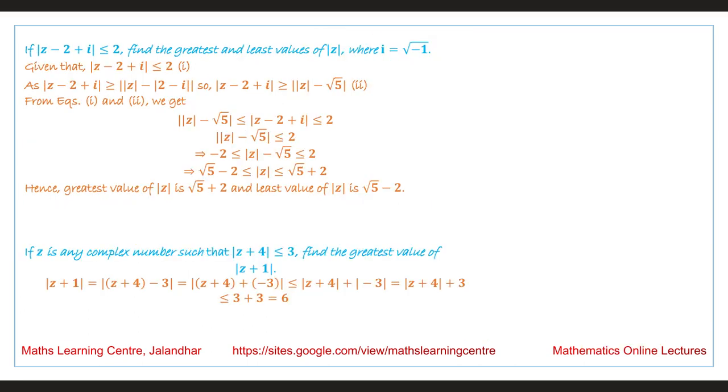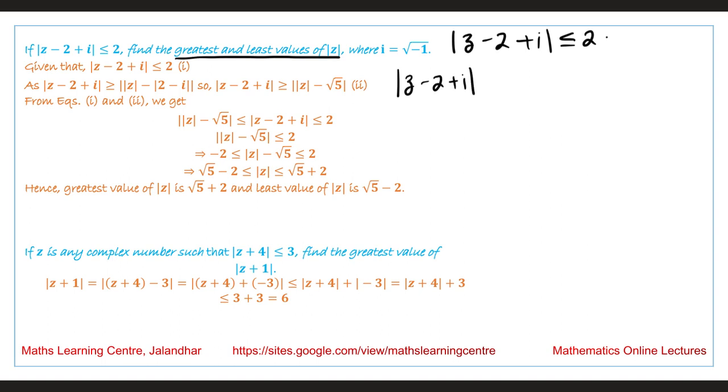Now the next question is to find the greatest and the least values of mod z when some condition is given to us. The first question has this condition: mod of z minus 2 plus iota is less than or equal to 2. We have to find the greatest and the least values of mod z. If we look at this, we have mod of z minus 2 plus iota.